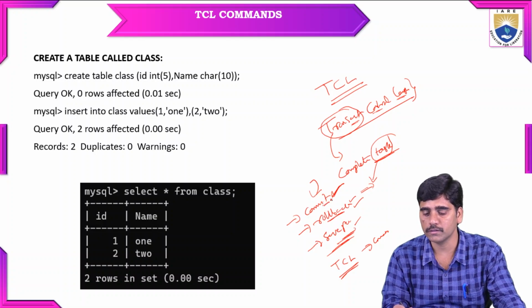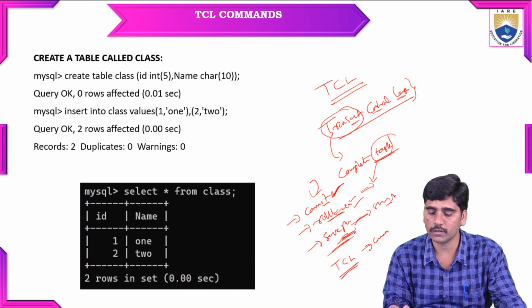If you want to roll back the data from 8 to 9 AM, then you will create a save point for that 8 to 9 AM. Save points are used to roll back your data in the past or in the present.